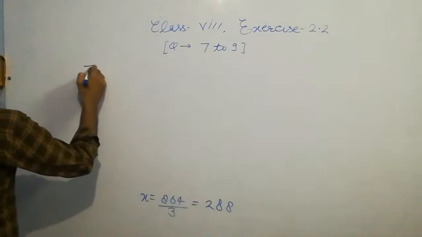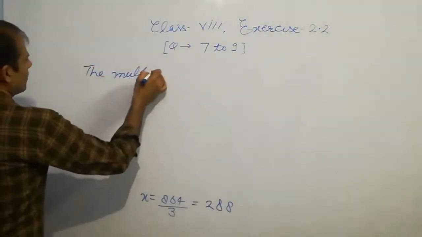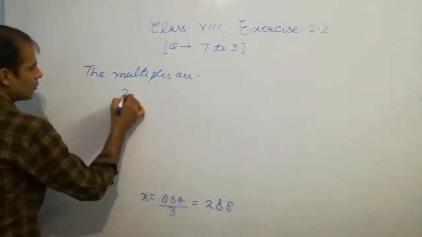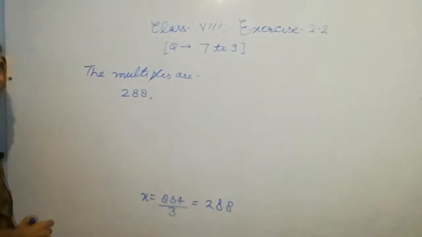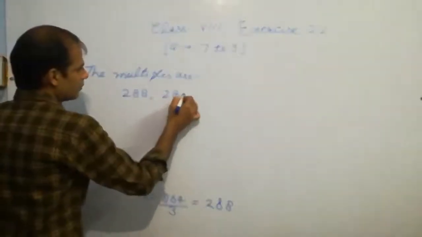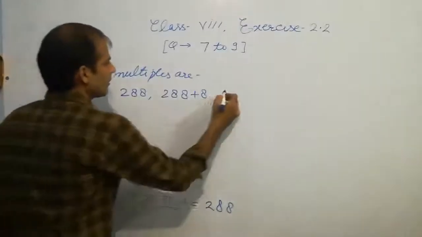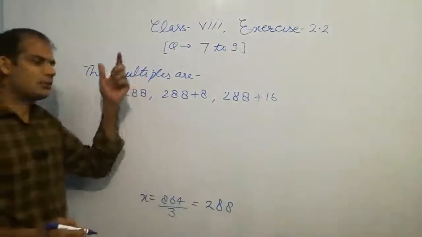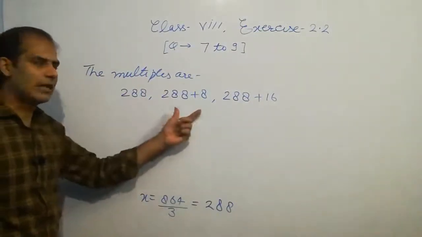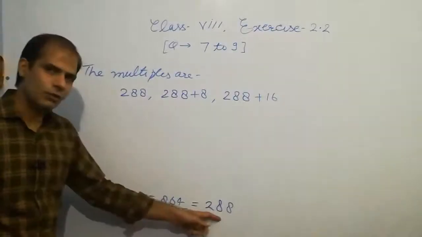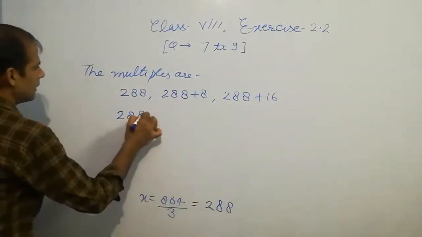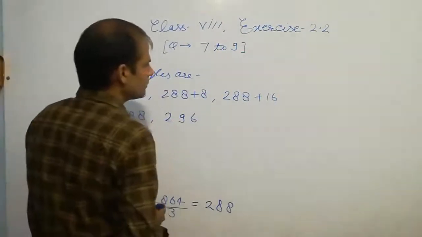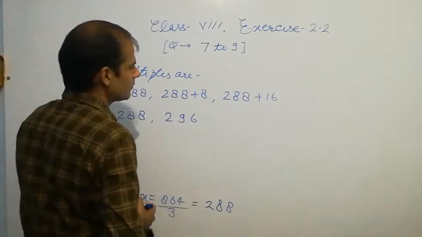So you have to write the multiples are, first multiple is x, so it is 288, and second is x plus 8, 288 plus 8, next is 288 plus 16. Because we assumed that the multiples are x, x plus 8, x plus 16, just put the value of x. Now the answer is 288 and it is 296, and the value of this is 304.